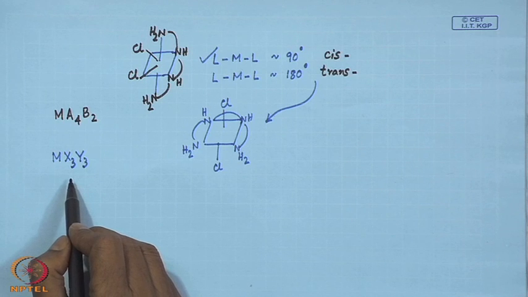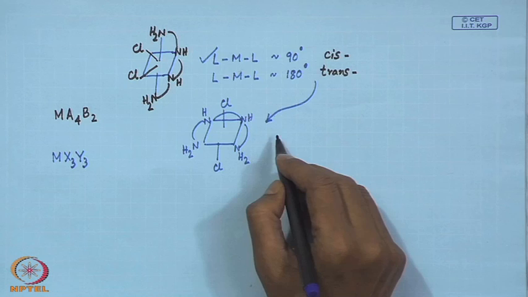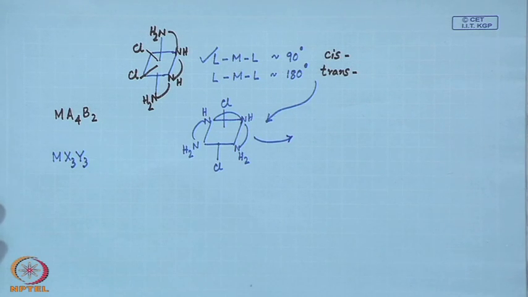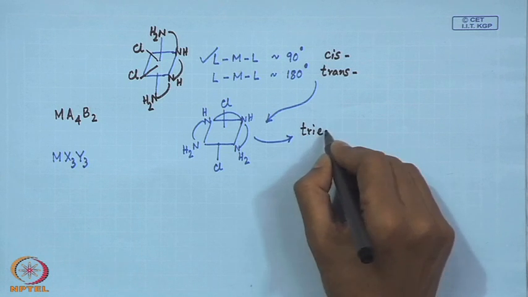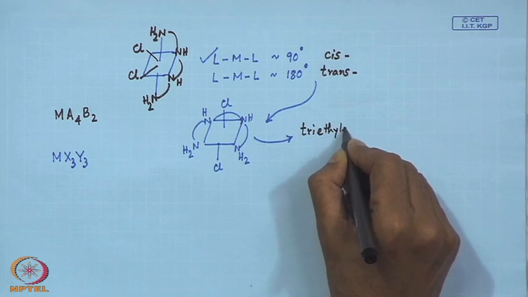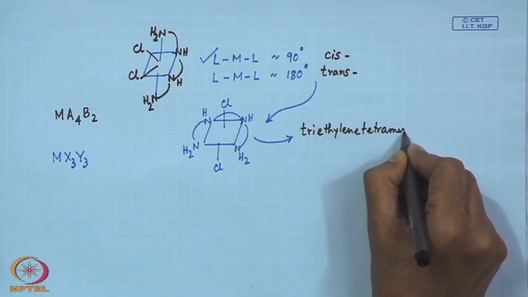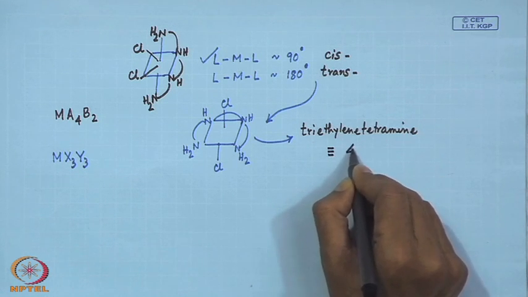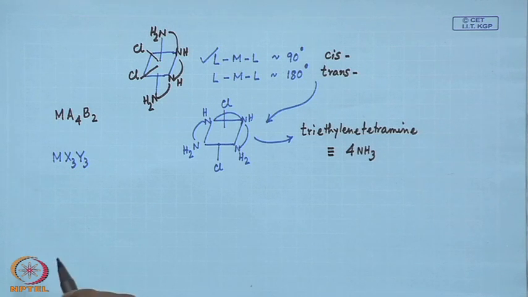We consider this also in relation to the chelating ligand, this NH2 ligand, which is known as triethylenetetramine, and which is very much equivalent to the donor properties of 4 ammonia groups.